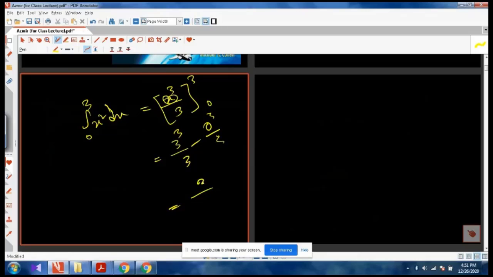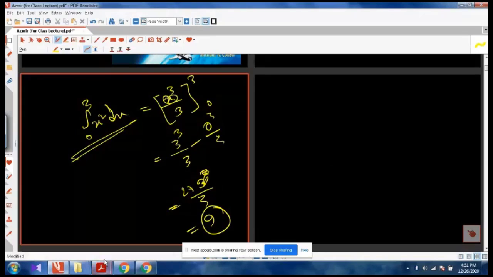So that means we have 3 to the power 3, that is 27 over 3, so 9 is the result. You can see we have found a finite number from this integral. Since we have found a finite value, that shows that the integral converges.